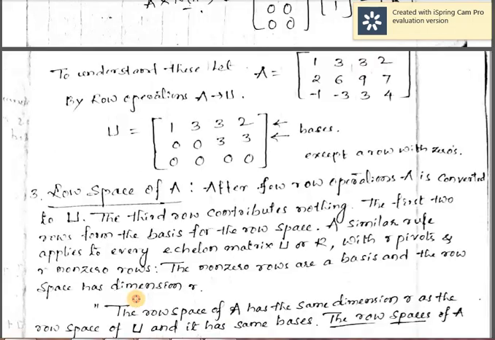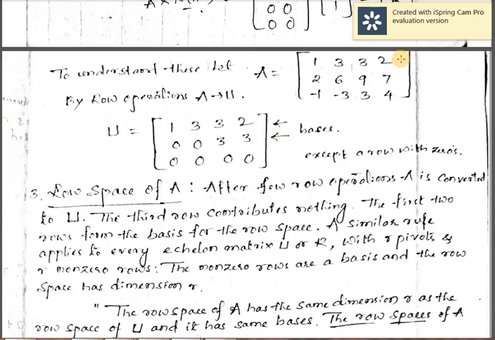So to understand this, when we obtain U from A, the first and second rows are non-zero rows, but the third one has gone to zero in getting the echelon matrix. So we can say that the first and the second rows are the basis of this matrix.